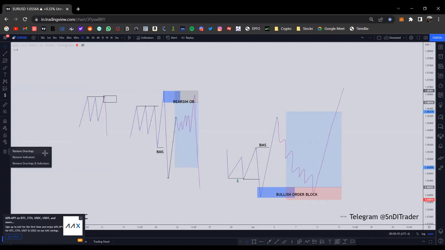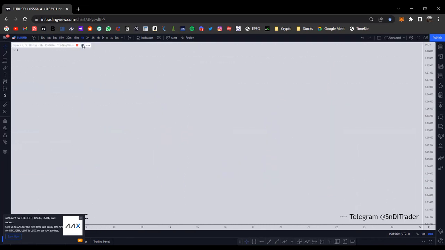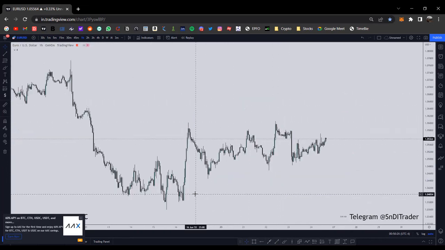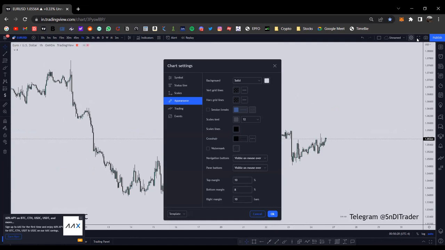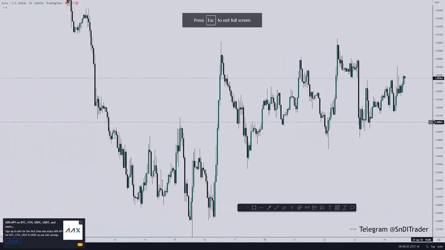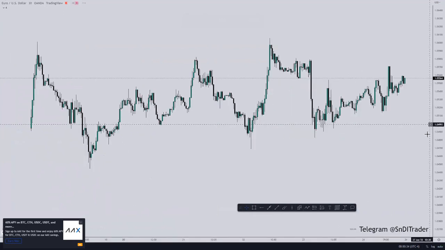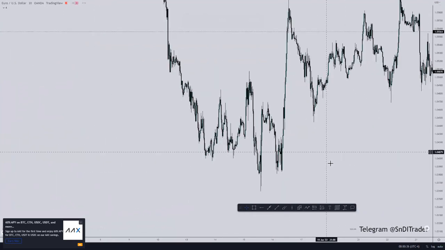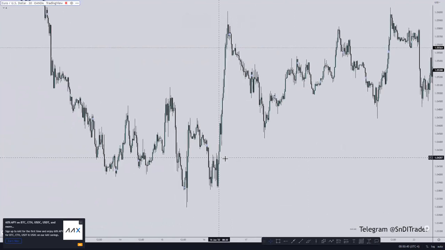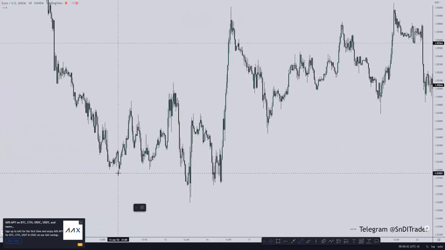So let me explain again. You see what happened exactly here. Price formed some sort of equal lows in there.